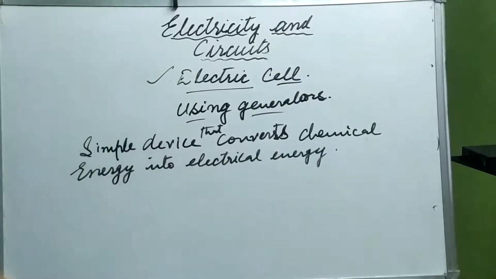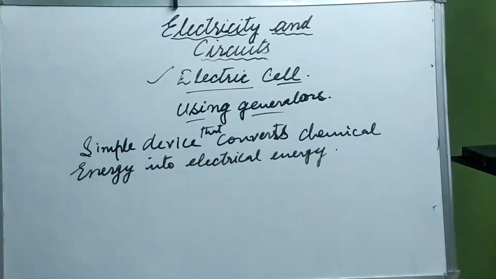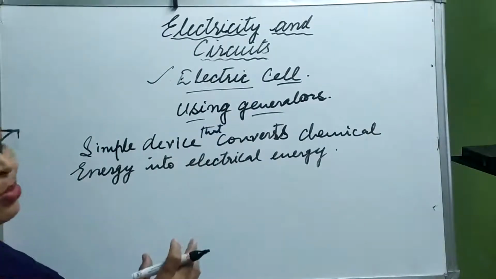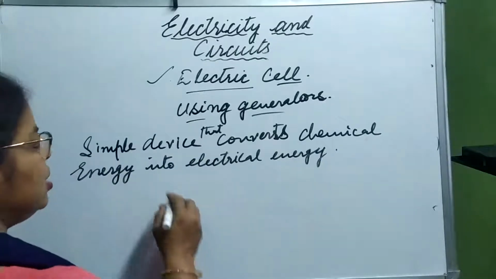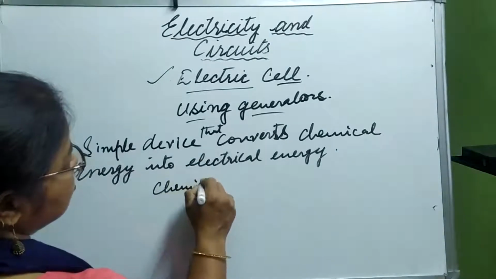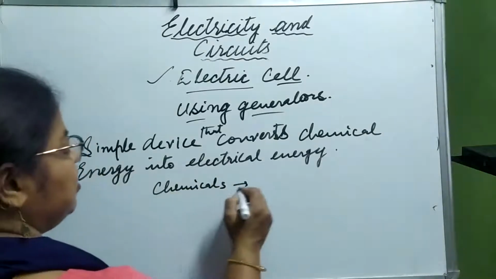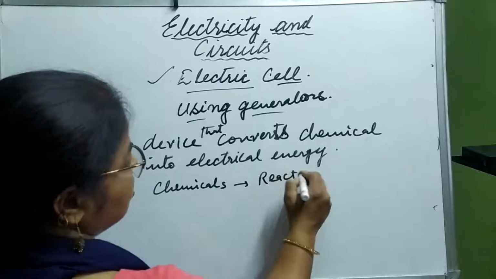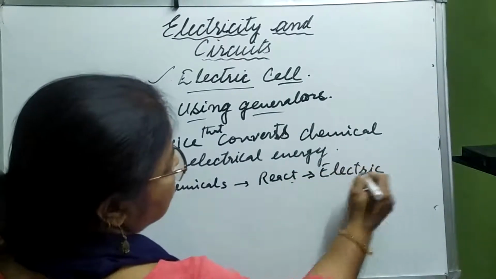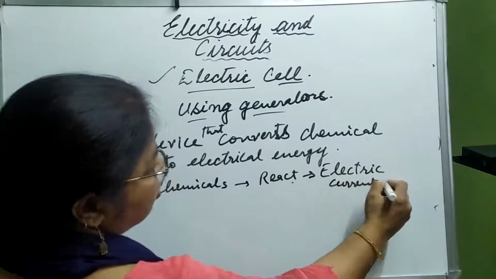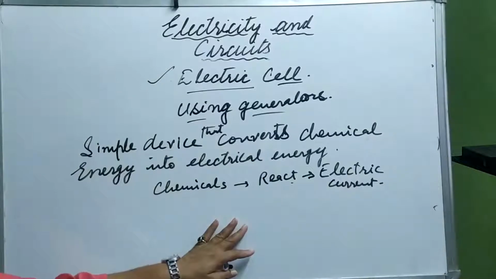It contains some chemicals inside it, and the reactions that take place between these chemicals give rise to electric current. These chemicals react and give rise to electric current. So this is a simple technique that is being used in the dry cells or the electric cells.